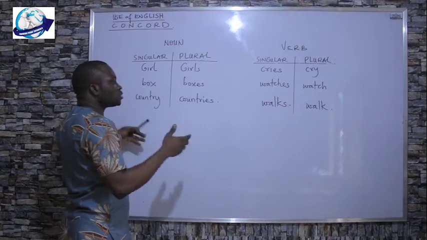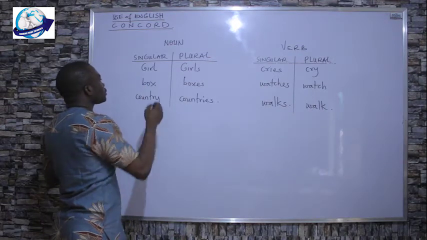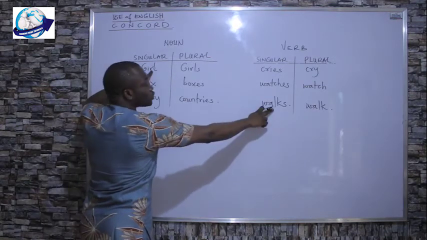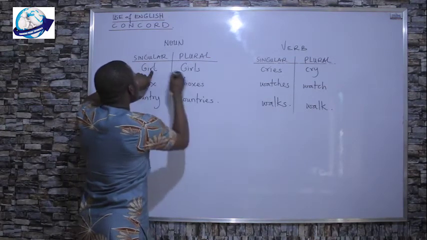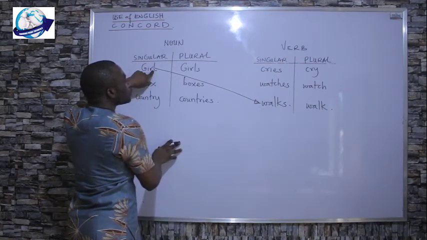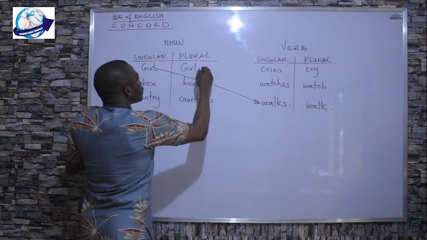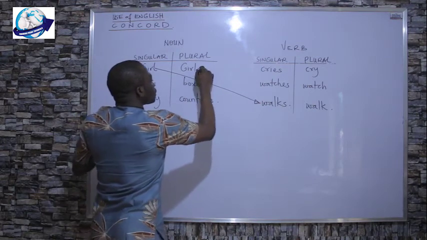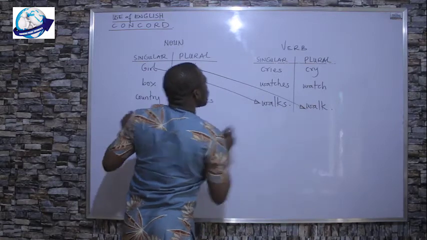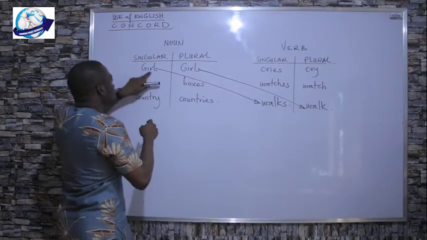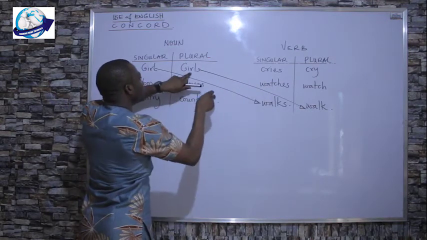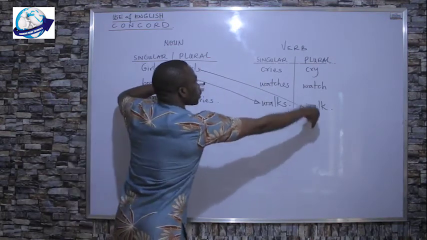Now it would be nice for you to say that girl, which is singular, should be matched with a singular verb. Okay, so girl walks. Then can we say that girls walk? Now please get it right. Girl singular, walks singular verb. Girls plural, walk plural verb.